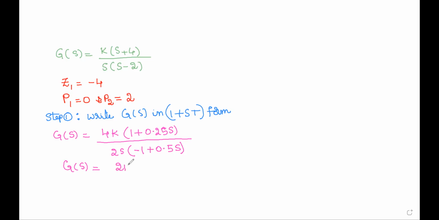Now we are left with 2K into (1 plus 0.25s) by s into (minus 1 plus 0.5s). Yes.